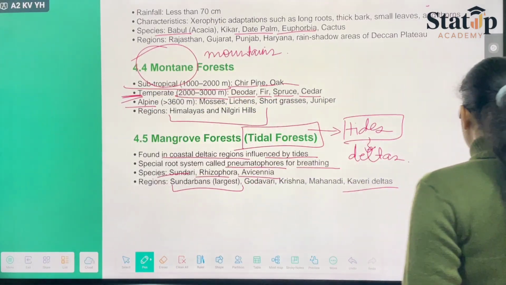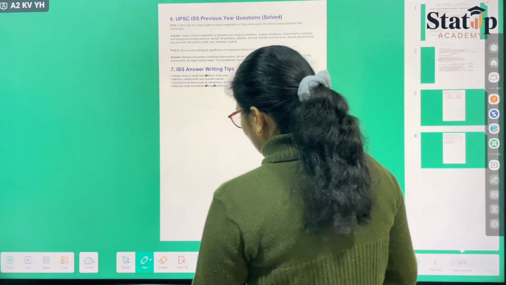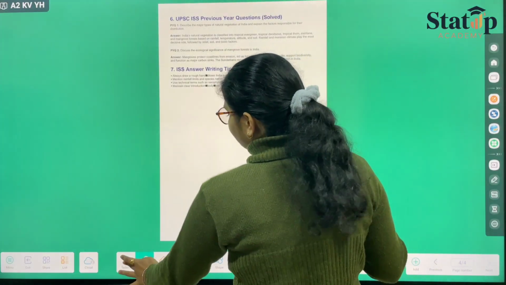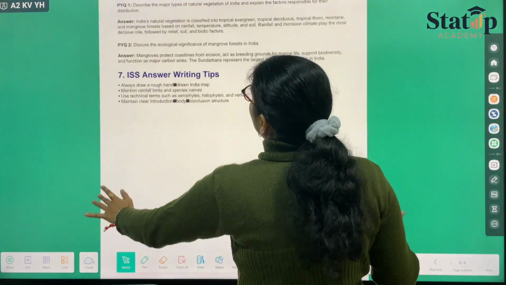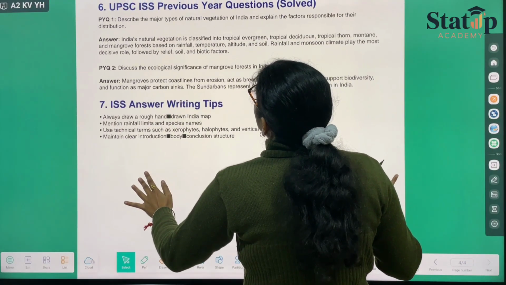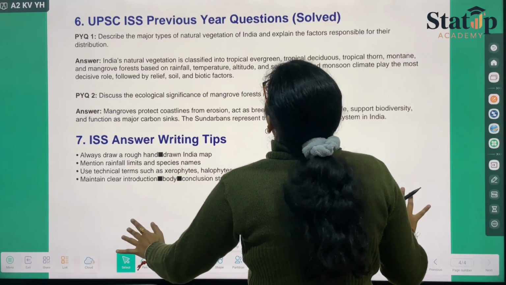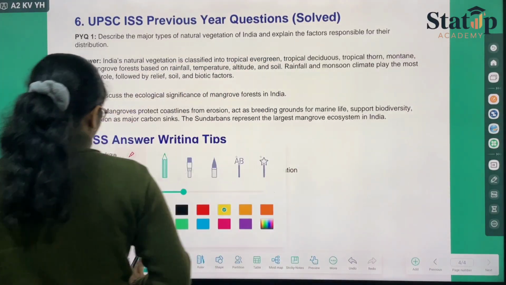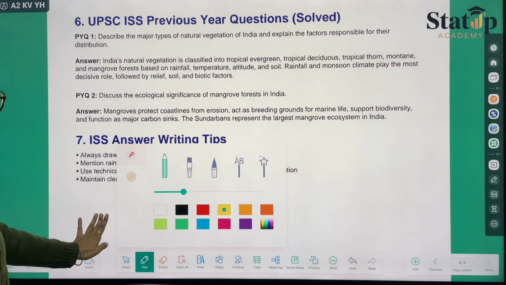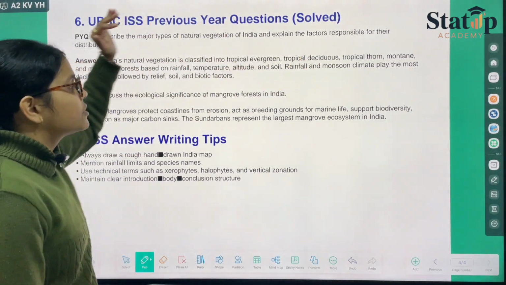Now coming to the question, the most awaited moment, that is the PYQ question. We have two questions, so we can solve them together. The question says, describe the major types of vegetation of India and explain the factors responsible.